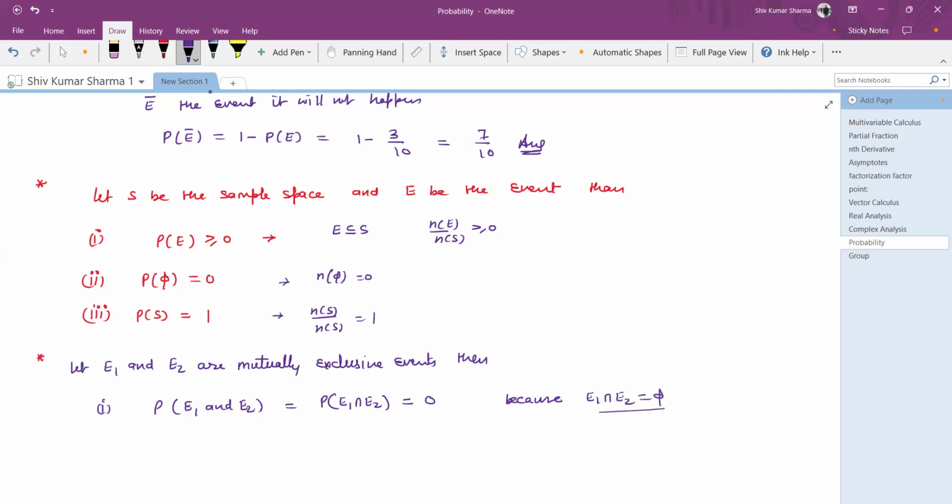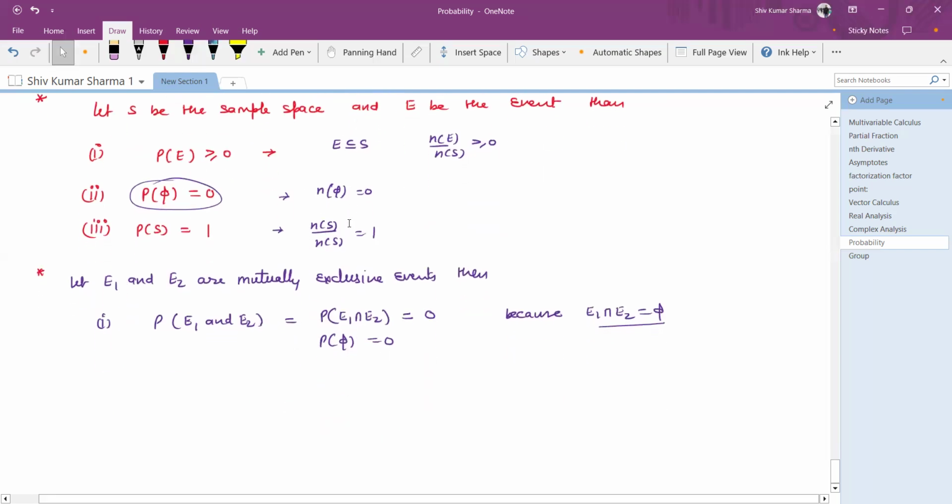There is no common element between them. So we use P(phi) equal to 0. The probability of an impossible event is 0.